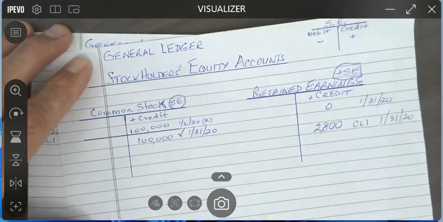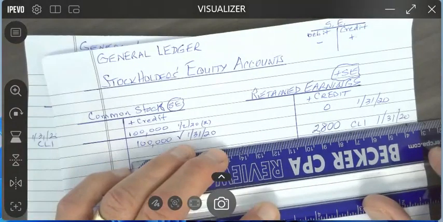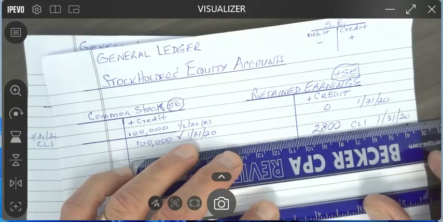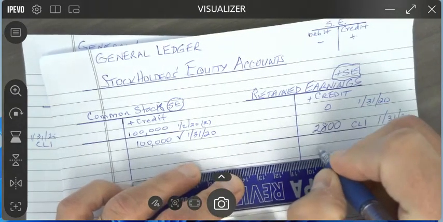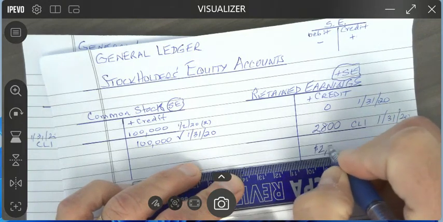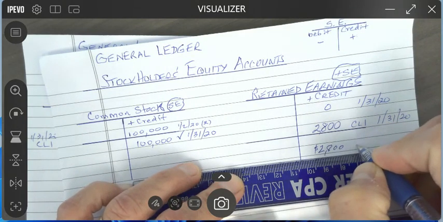And after we do that, we'll report a retained earnings balance of $2,800.